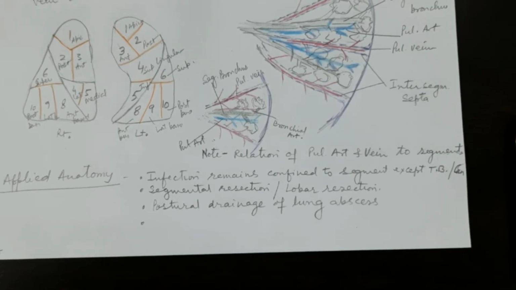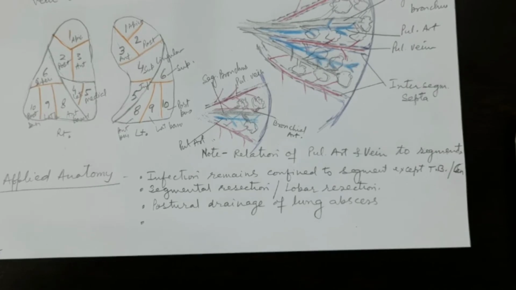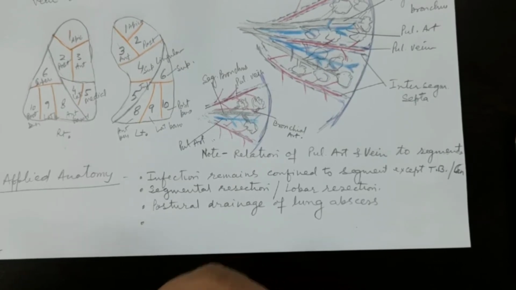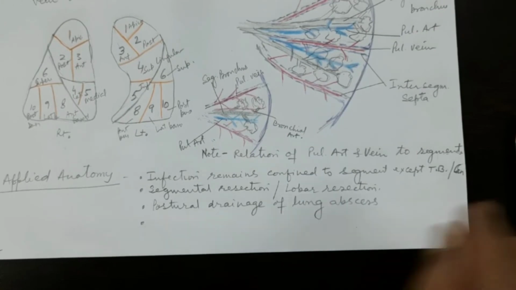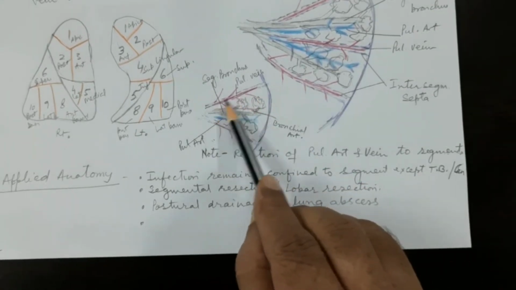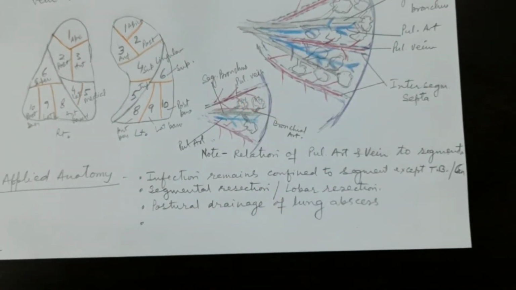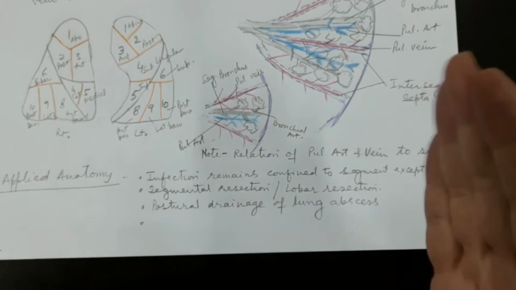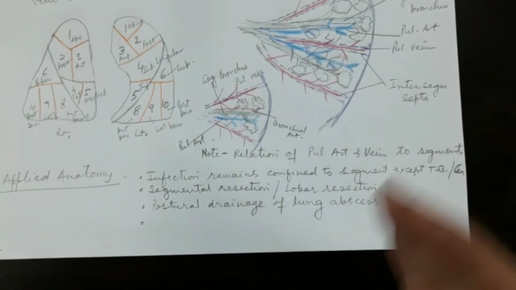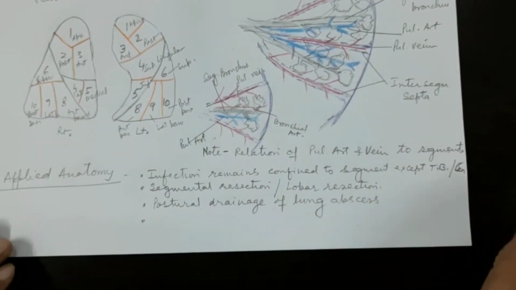The pulmonary artery is within the bronchopulmonary segment, but the pulmonary vein is intersegmental, that is, it is running in the septa. So it is draining the oxygenated blood from both sides, that means from the neighboring bronchopulmonary segments.